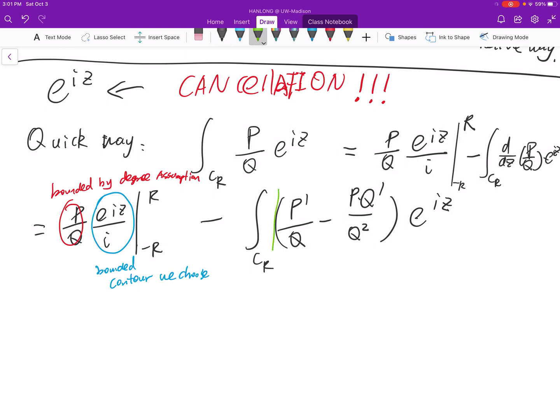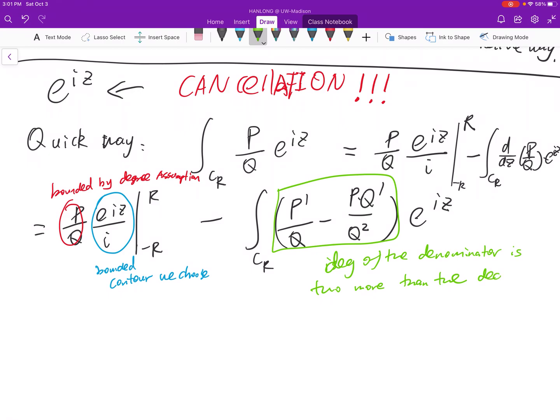Now, the green box: the degree of the denominator is 2 more than the degree of the numerator.